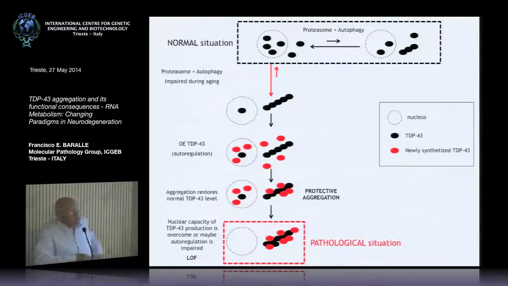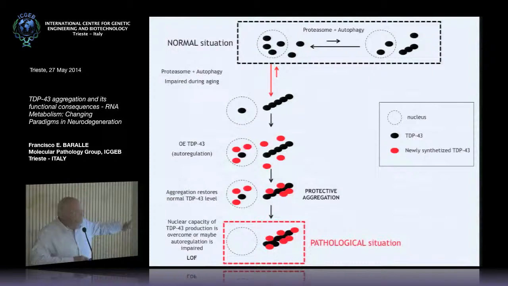At a certain point, because of aging or any other stressful effect, it starts to accumulate in the cytoplasm. The nucleus starts to be lacking TDP, so it will produce more because of the autoregulation process. The signal is that there is not enough TDP, so it makes more, which goes out and binds to the aggregates. The nucleus keeps doing more until its capacity is overcome by the capacity of the aggregates to capture TDP. At this point, you have the pathology.